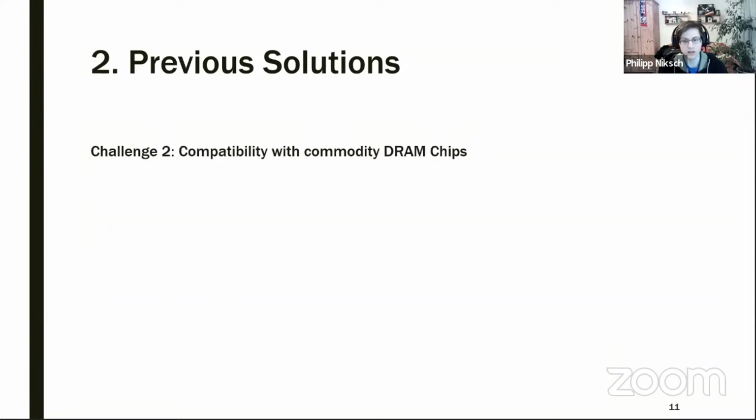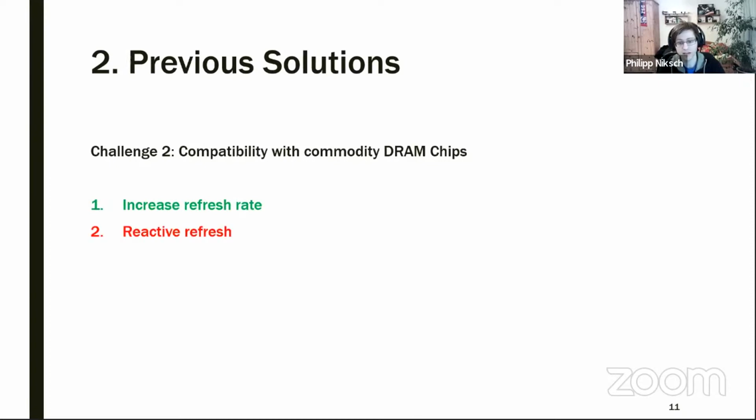The second challenge is to make the method compatible with commodity DRAM chips. Two memory rows that have physical addresses next to each other are not necessarily physically adjacent in the DRAM implementation. The memory layout is proprietary information to DRAM manufacturers and is therefore not easily available. Increasing the refresh rate does not require any knowledge of the memory layout.